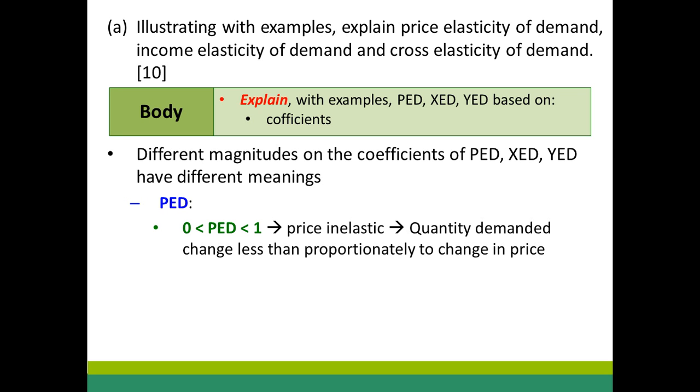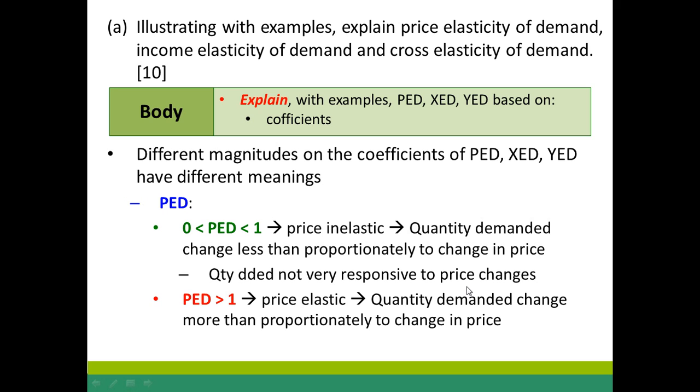When it is from 0 to 1, we say that this good has demand that is price inelastic, and therefore the quantity demanded will change less than proportionately to a change in price. Okay, this price refers to the own price of the good. Okay. Therefore, the quantity demanded is not very responsive to price changes.